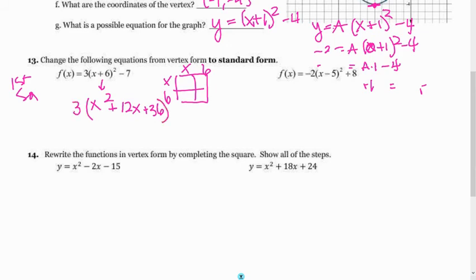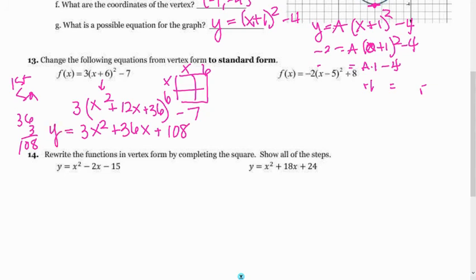All of that times 3 and minus 7. So when I distribute this 3 to everything, I get 3x squared plus 36x plus 108. And there you have done it from vertex to standard.